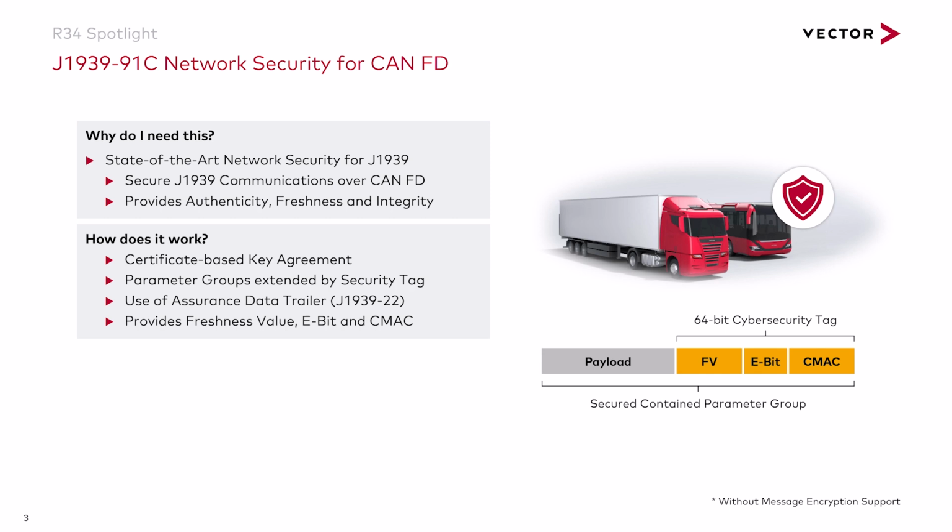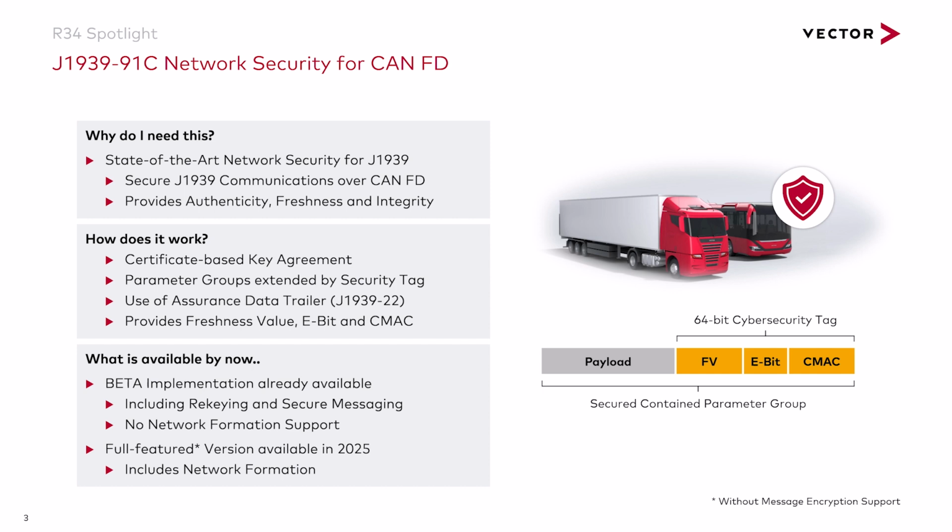So what does Vector already have, and is there more to come? Okay, right now a beta implementation is already available and offers runtime, rekeying, and secure messaging. However, network formation support, which is the initial negotiation of the network key based on certificates, will only be available until end of 2025.